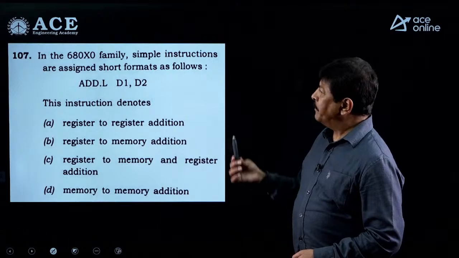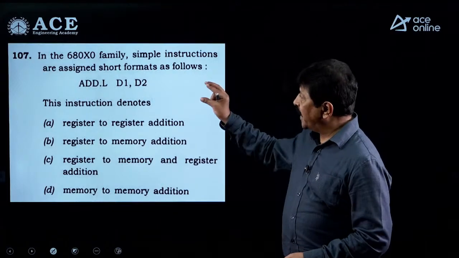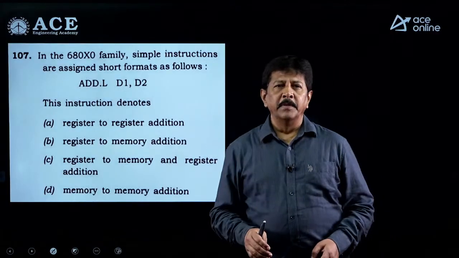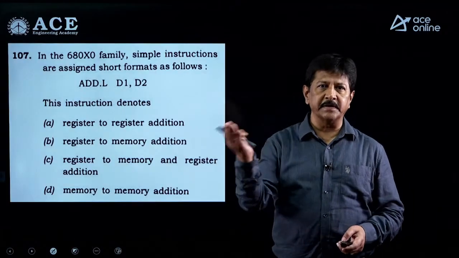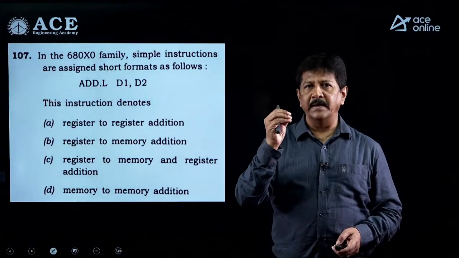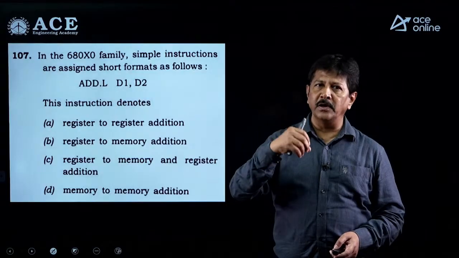Right, in some microprocessor like 680X0, one instruction has been given. So what type does this instruction denote? You may ask me, sir, we did not study the 68 processor, but that is the problem here. You need to have presence of mind. Based on your fundamentals, you must be able to pick the answer.